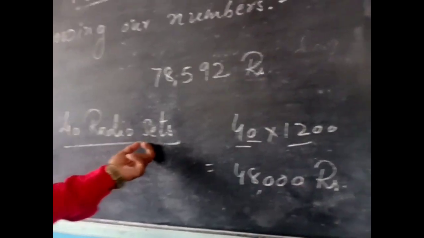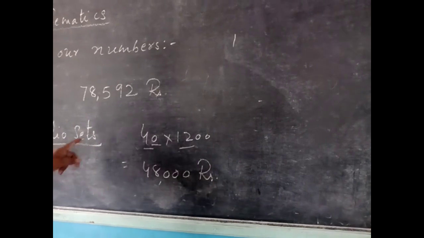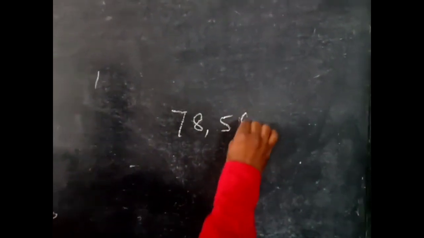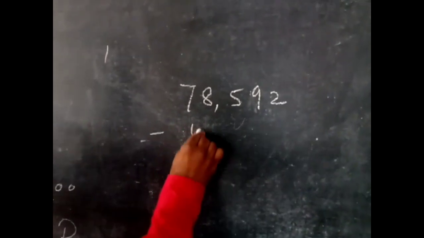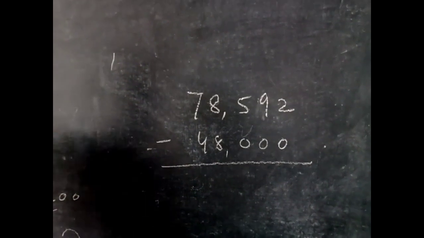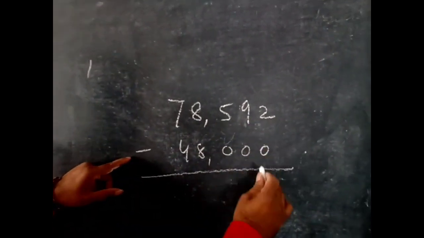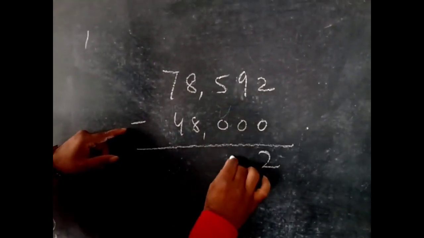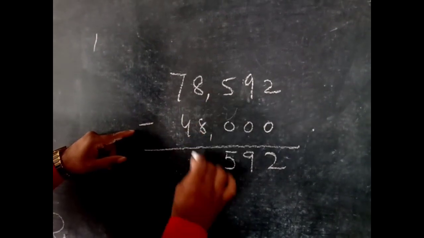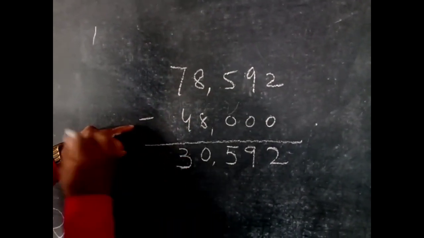Right? Now what do we have to find out? How much amount remains with her after the purchase. So what should we do? Subtraction. Right? So whatever we get, 2 minus 0, 2, 9 minus 0, 9, 5 minus 0, 5, 8 minus 8, 0, and 7 minus 4, what's remaining? 3.